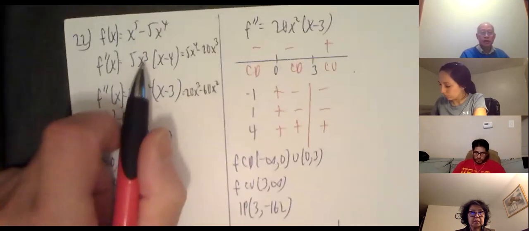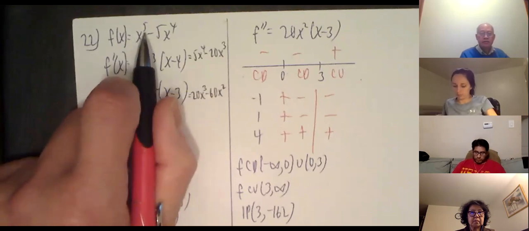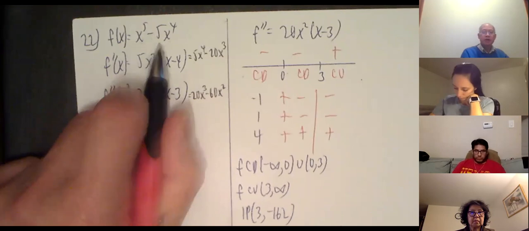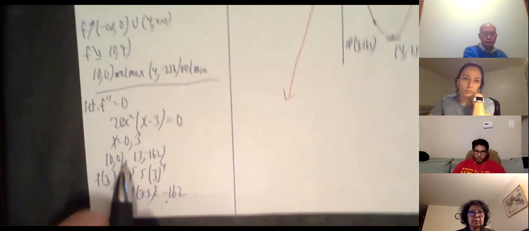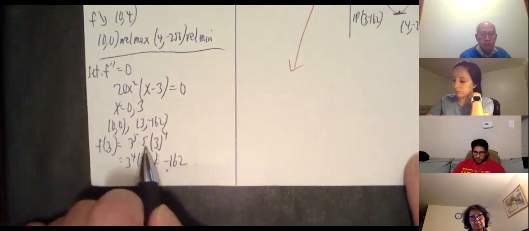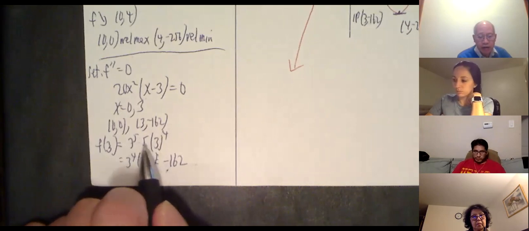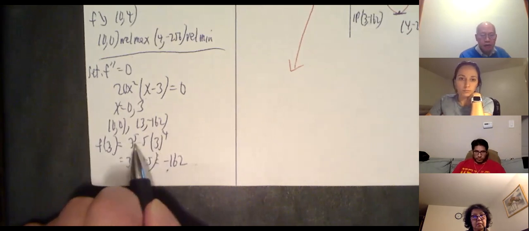Okay, so if I put 3 here and here, 3 to the 5th power minus 5 times 3 to the 4th power. You can punch it in my calculator, but I did a little algebra trick again. There's a common factor of 3 to the 4th.